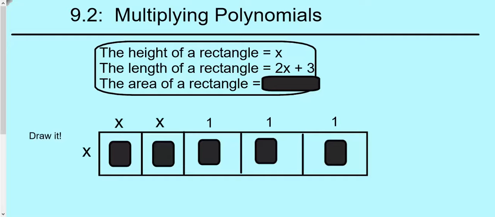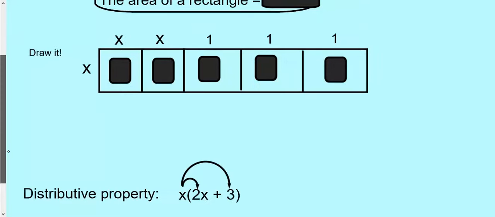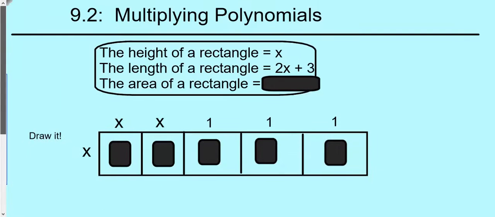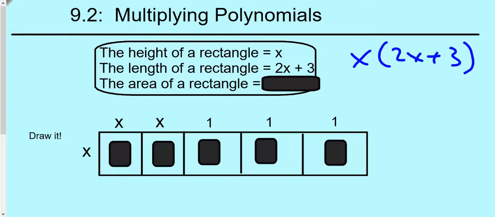Okay, I'm going to just do some various methods here to show you guys. I don't normally like this method here. This is doing x times 2x plus 3. This is a rectangular version of it. I'm not going to do this.